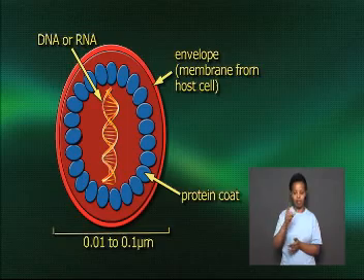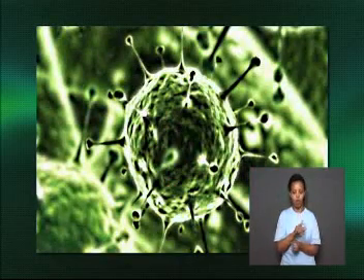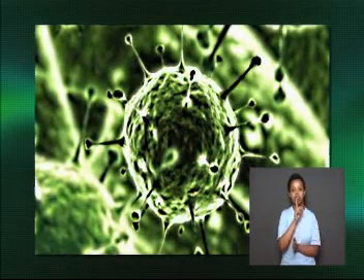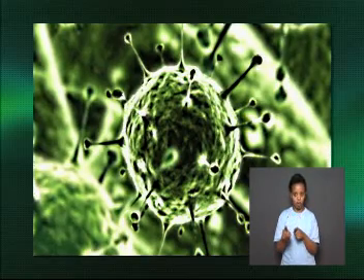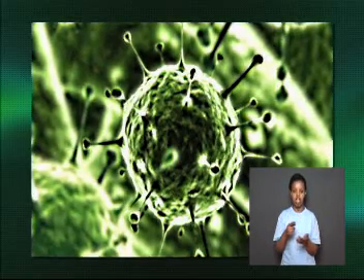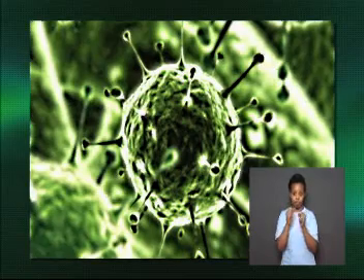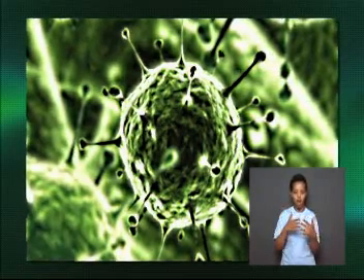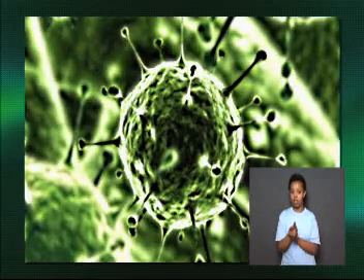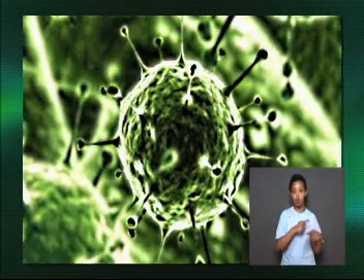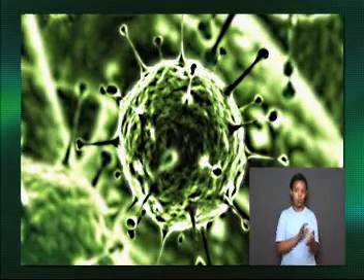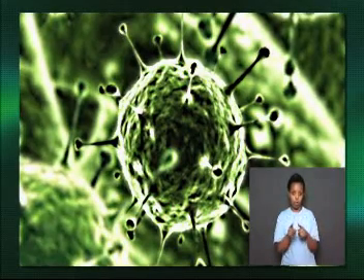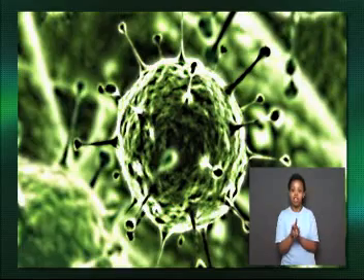Great job, students! Viruses are parasites. This means that the only way they can reproduce is by invading other living cells. Viruses take over the metabolic process of the cells they invade and make the cells produce more virus particles.